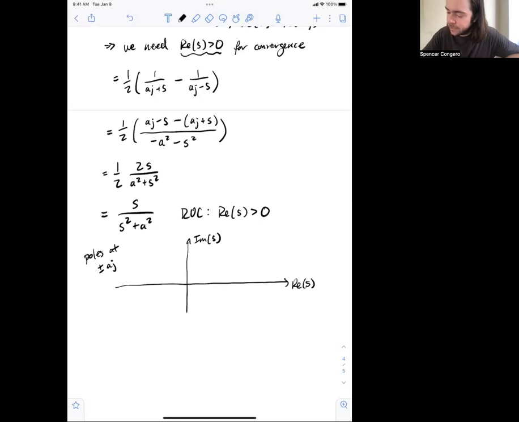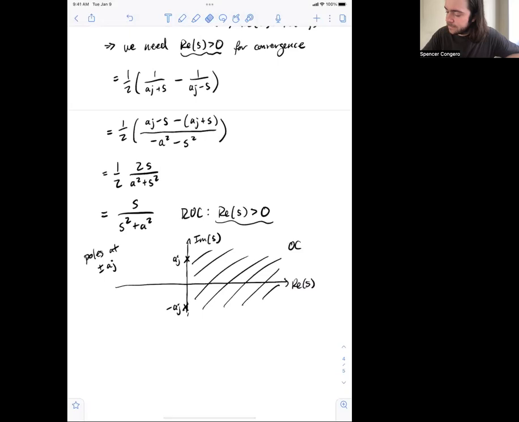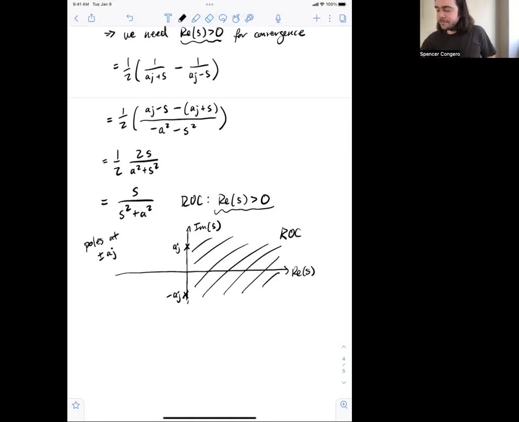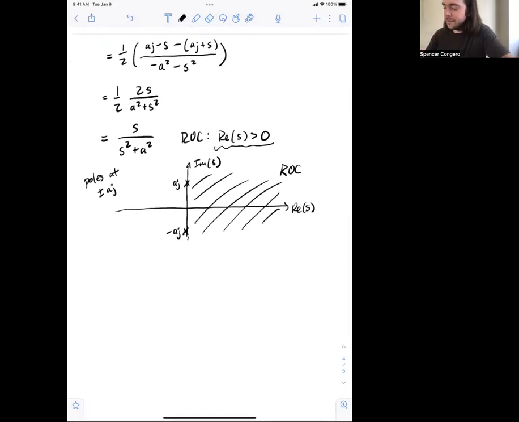So that's right up here. Let's say aj maybe is there, then negative aj would be down there. And the real part of s being greater than 0 is my ROC. So I need to be on this side of that vertical line. So this is the ROC. Okay. All right, so that was that Laplace transform.